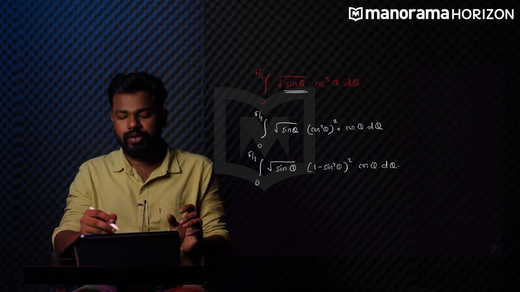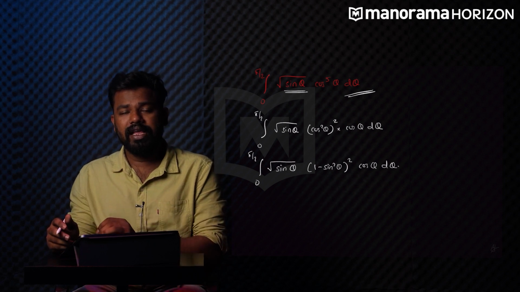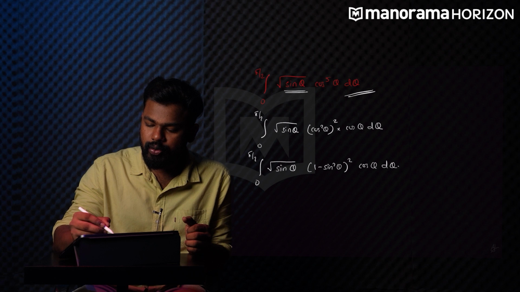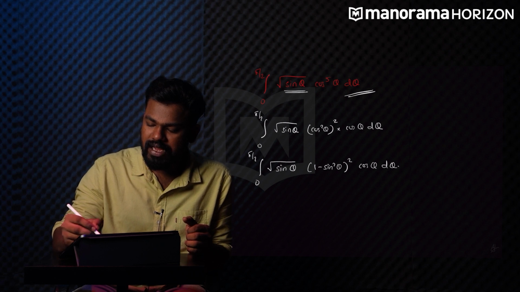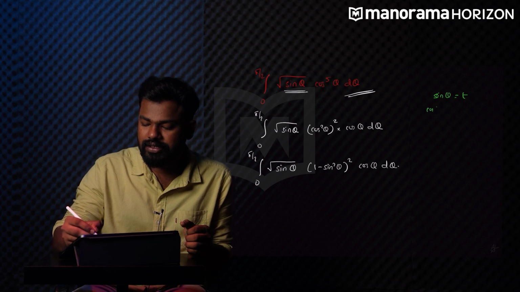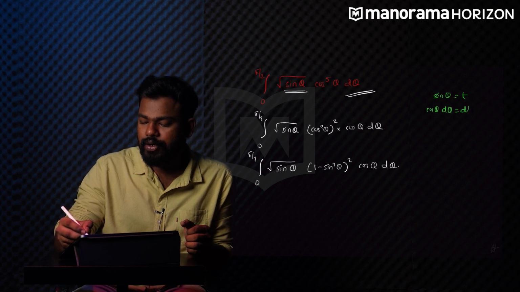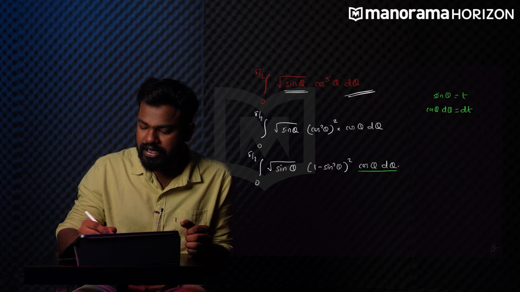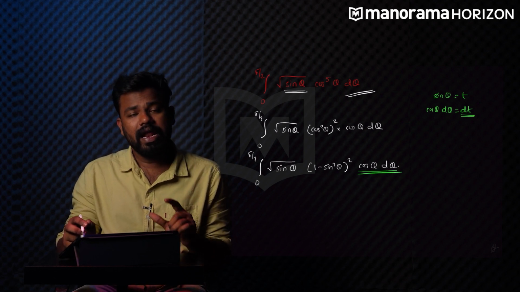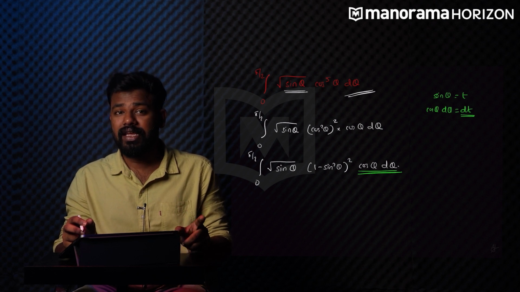So the question which was in this form, before I even substituted, I changed into this form. Now I'm going to put sine theta equal to t. So when I put sine theta equal to t, I get cos theta d theta equal to dt. So this cos theta d theta becomes the new integrand, that is dt. Now you should change the limits also.